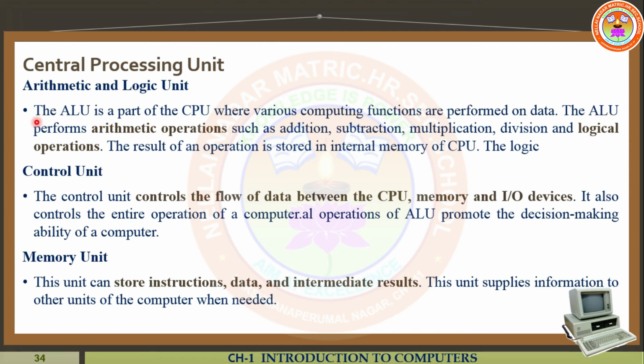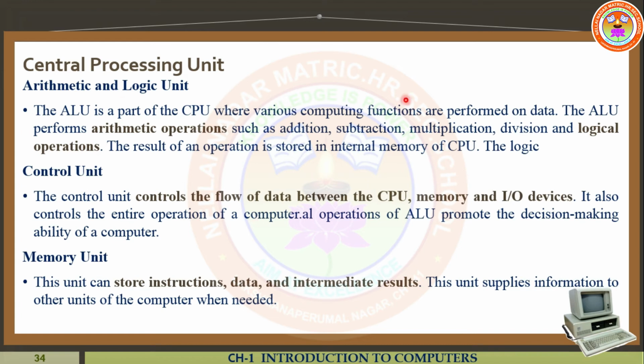The ALU performs arithmetic operations. So what are the different types of arithmetic operations? What actions will we do under the topic of arithmetic operations, such as number one, addition, number two, subtraction, number three, multiplication, number four, division, and then the next one is logical operations.